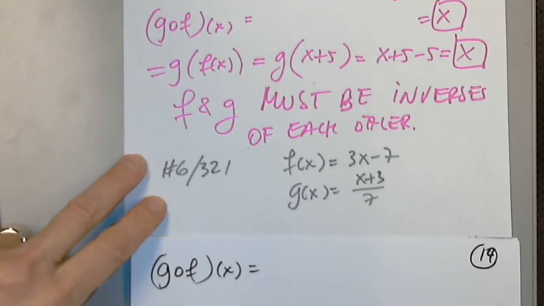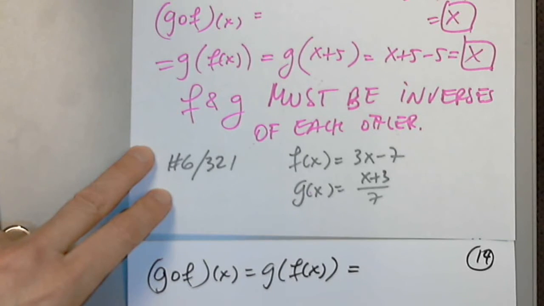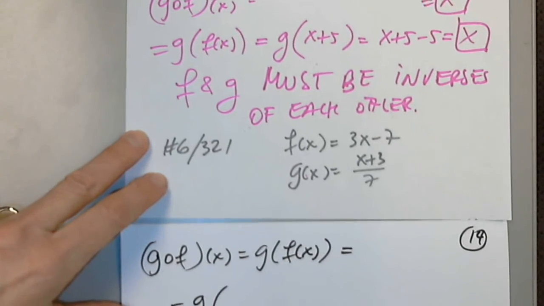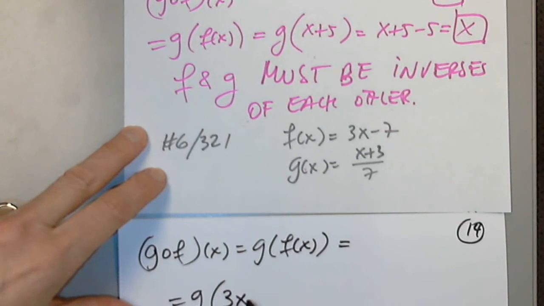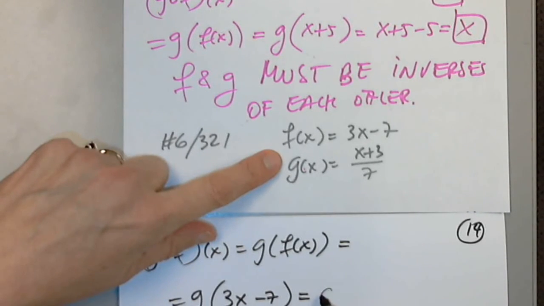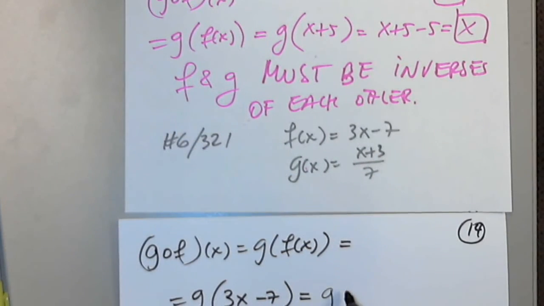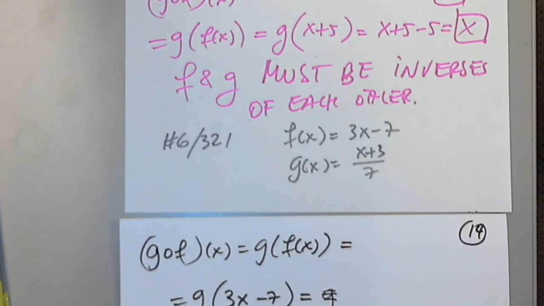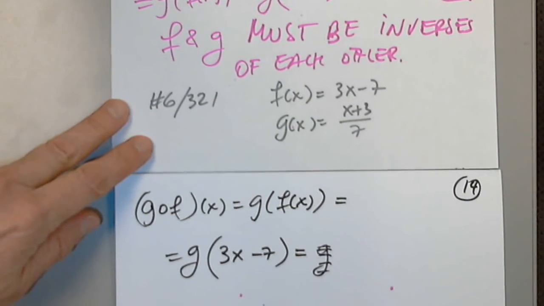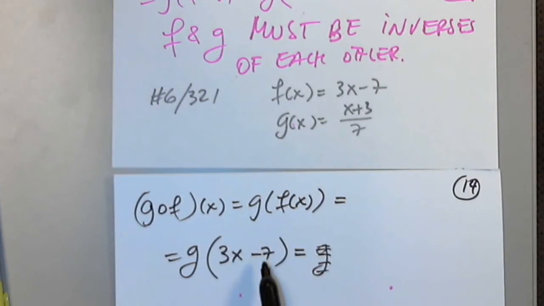Good. So g of f of x, which is g of 3x minus 7. Good. So now I'm looking at g. G says blah plus 3 over 7. Yes, there is no need for parentheses.